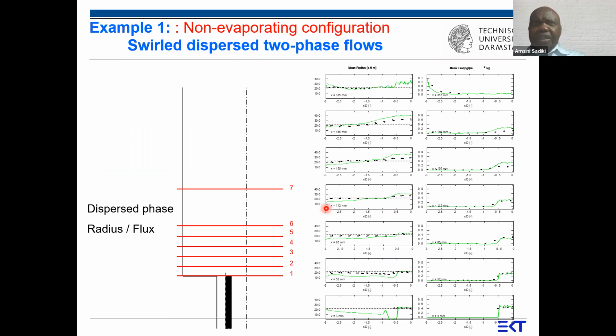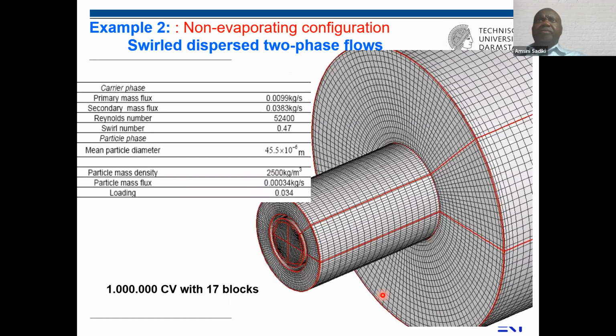First, for the mean radius, the distribution of the particle size, and here for the mean flux of this. I hope that you see this green line, which follows exactly the dots, which represent here the experimental data, so that the LES is really a very good candidate to deal with two-phase flow.